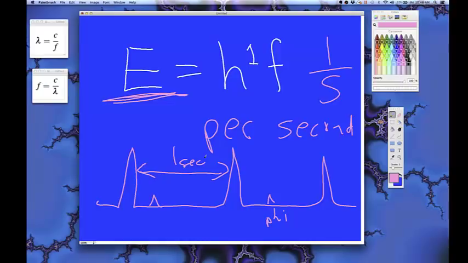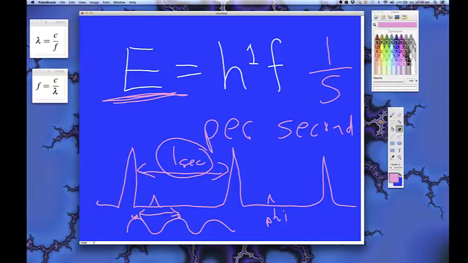So this is our calibration parameter, just like 1 meter is the calibration of space. This is man's cycle. Nature's cycle is the period. Nature doesn't know what a second is. Nature's cycle is the period.